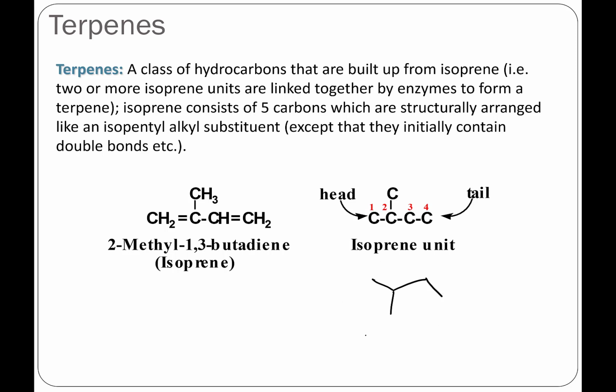And so what's really cool about lots of different organisms, plants and animals, not all of them, but many of them can actually take these isoprene units, and this is actually isoprene.